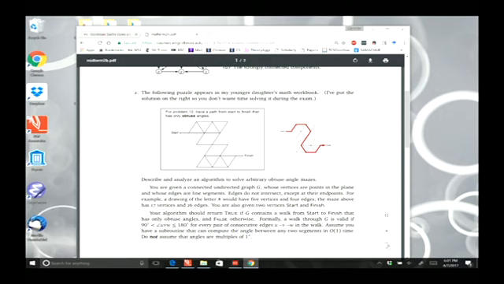Remember the angle depends on, suppose you go from there to here, you are not allowed to go down there, right? So how will you know that?